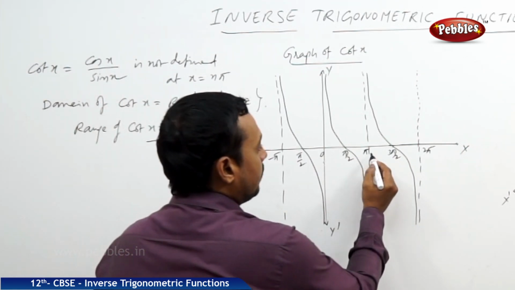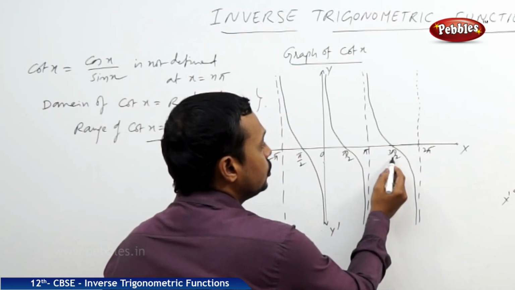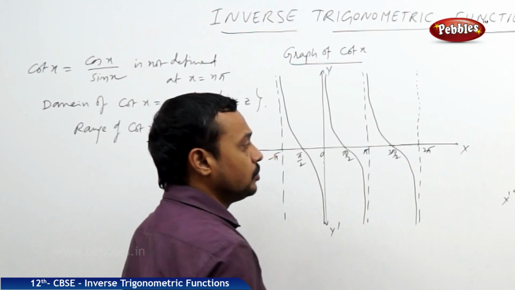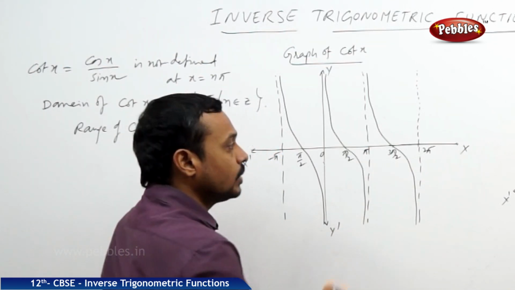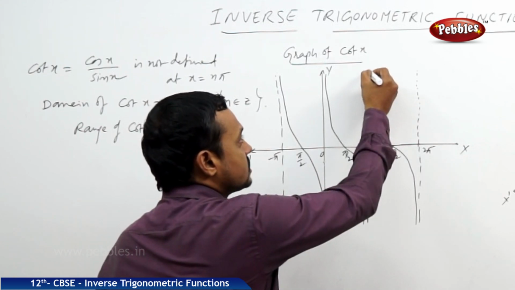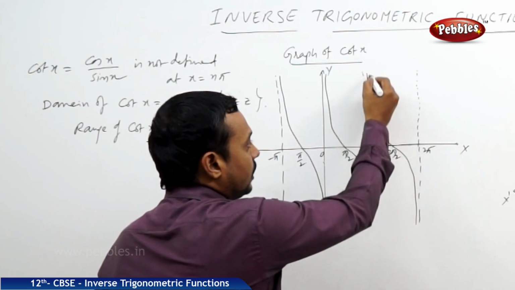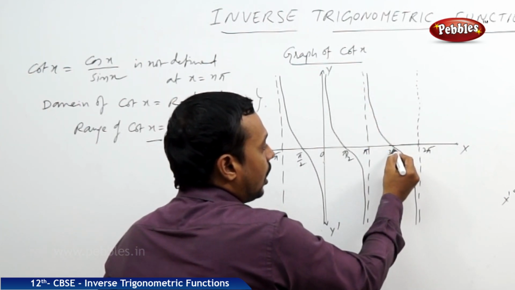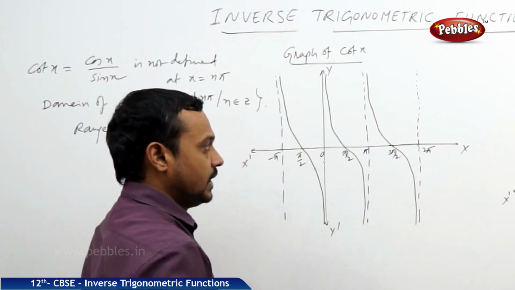Similarly, from pi to 2 pi, what about the graph? During this interval pi to 3 pi by 2, cot is positive, and cot pi is infinity, so the graph starts from positive infinity, and at 3 pi by 2 it becomes 0, and after 3 pi by 2 it goes down and tends to minus infinity.